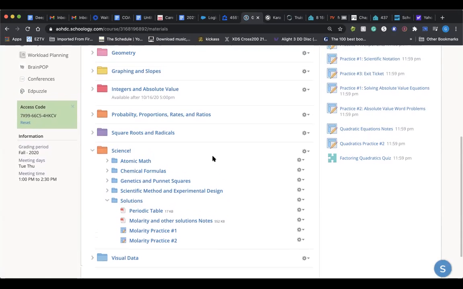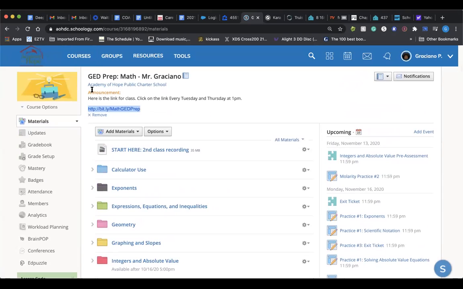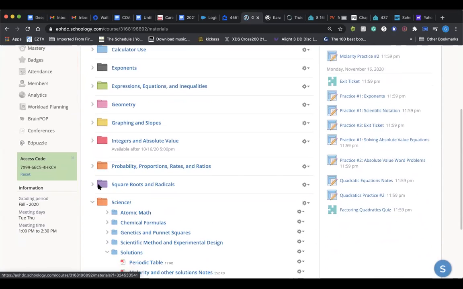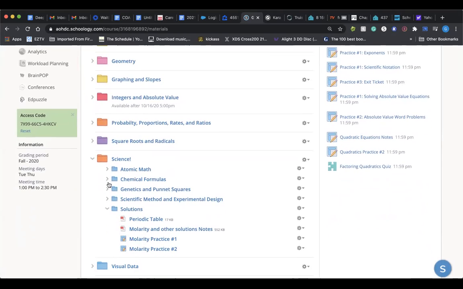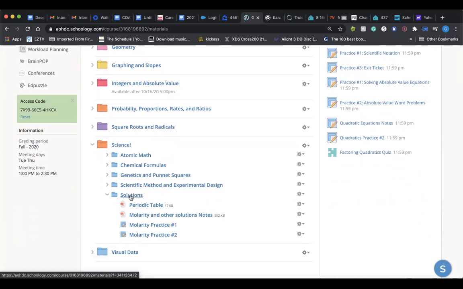All right, so you go to your GED prep course, you scroll all the way down to the orange science folder. Within that folder, we're going to go all the way down to the last folder in there, which is called Solutions. And inside of Solutions, what we're going to start off with is the Molarity and Other Solutions notes. That's what I'm going to open up right now.